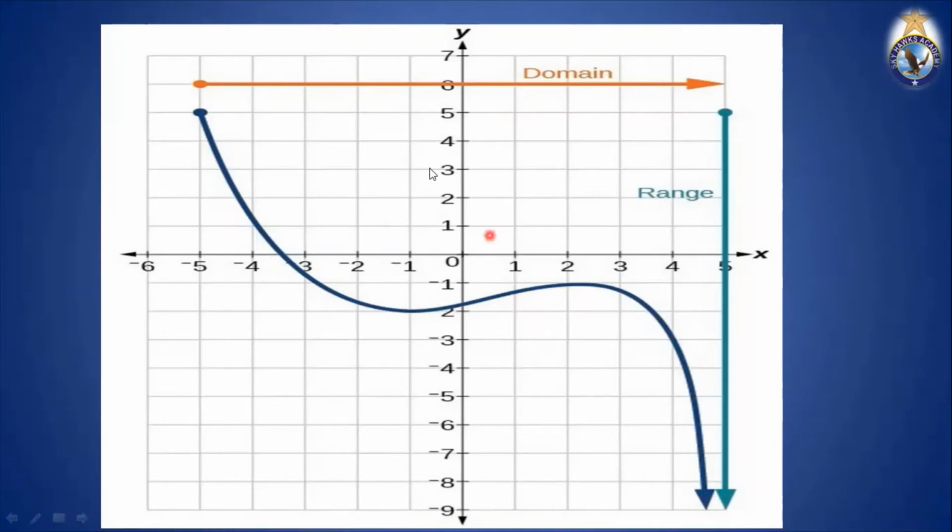So graphically, we just find all those possible values which are lying along the x-axis. And here, this is the x-axis and this is the y-axis. So I have drawn this line, that is the orange line. And this line is starting just about the beginning of this graph.